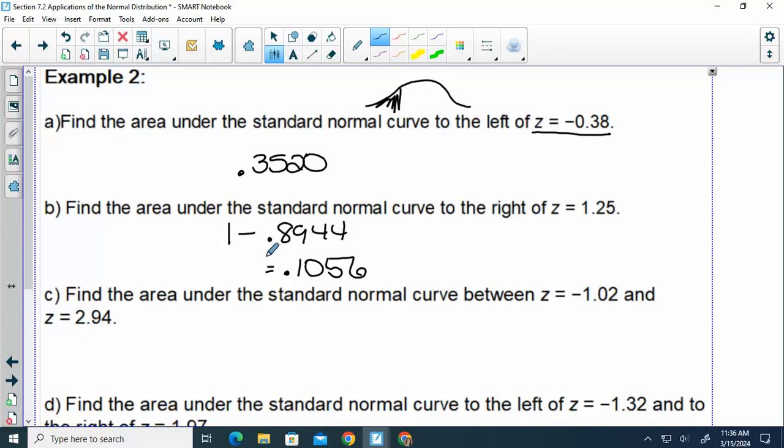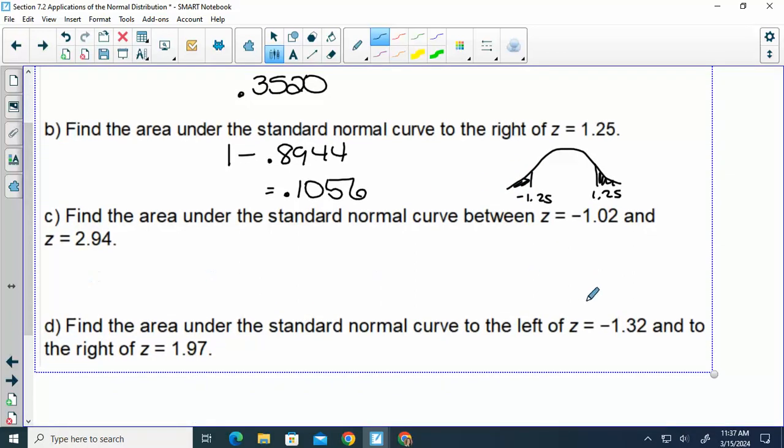The negative. Go look up negative 1.25. And what do you have? The reason being is this curve is symmetric, so to the right of positive 1.25 would be the same as to the left of negative 1.25. So just a couple different ways you could get it.